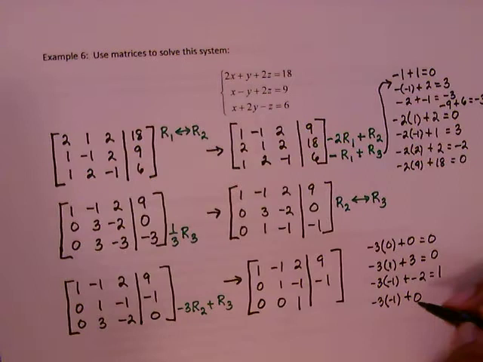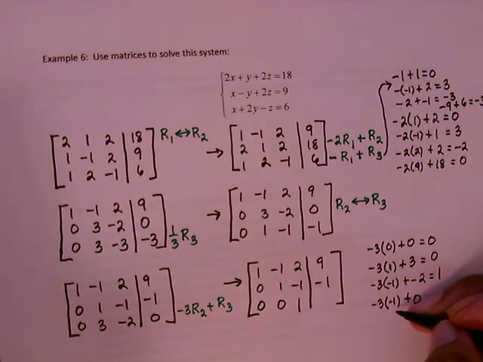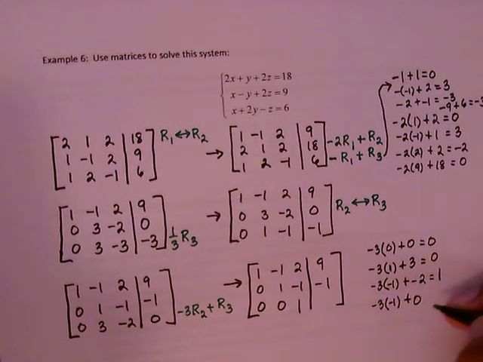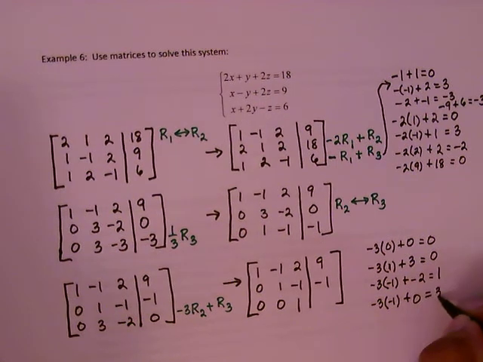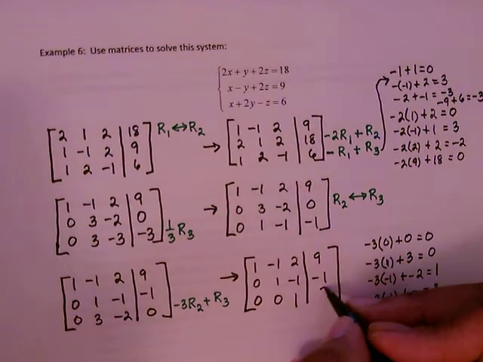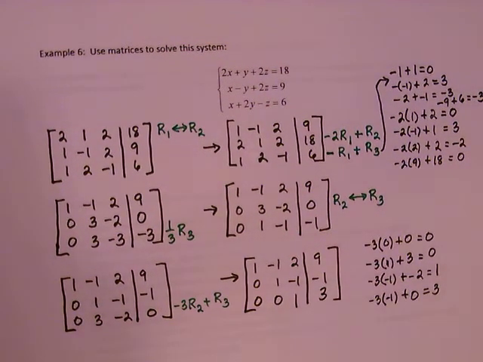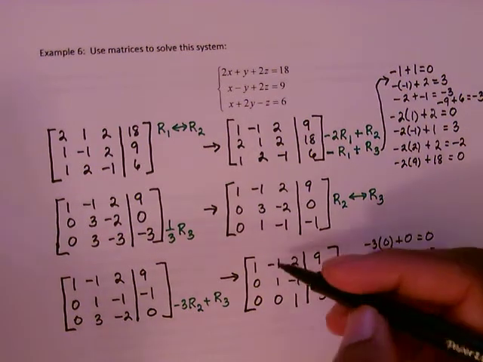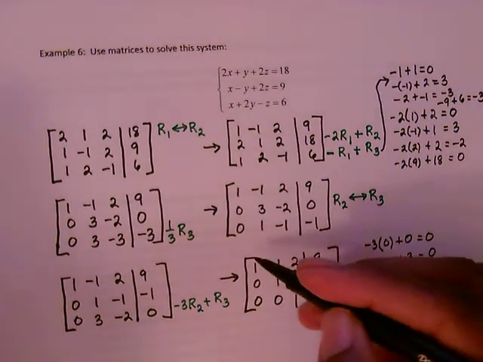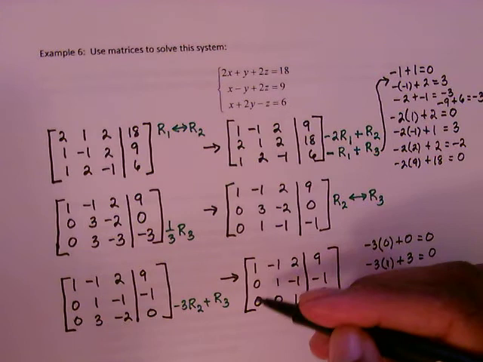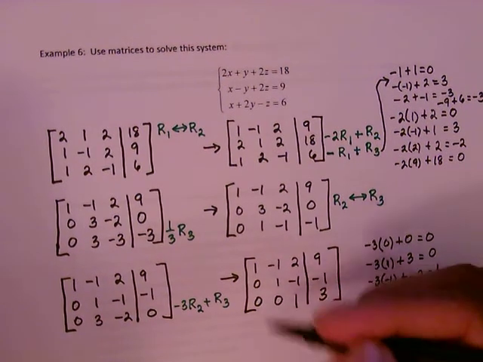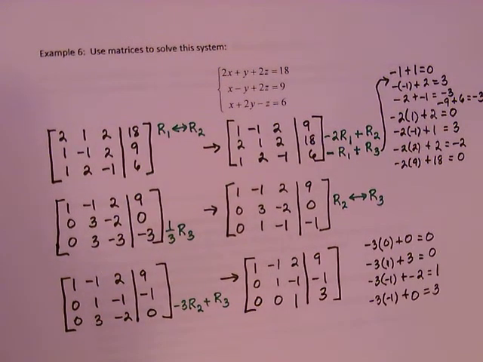That would be 3. 3 plus 0 is 3. That goes here. And I am done with that problem because notice I have 1s along the main diagonal and zeros underneath them.